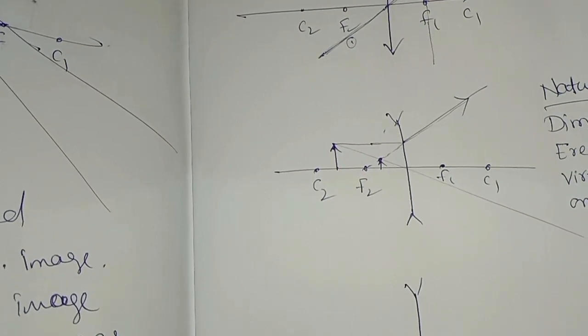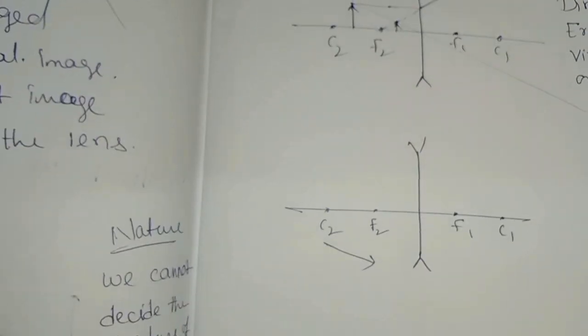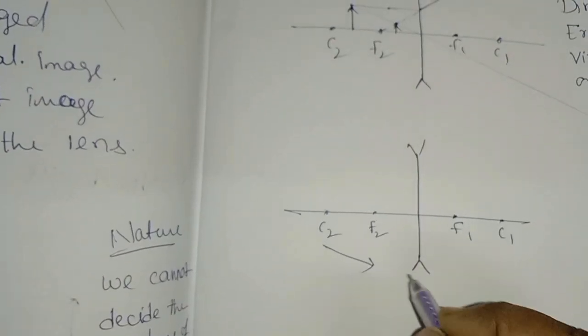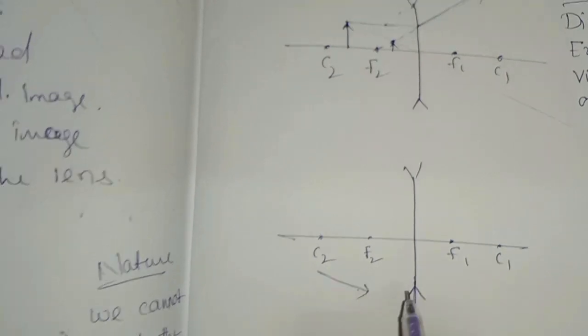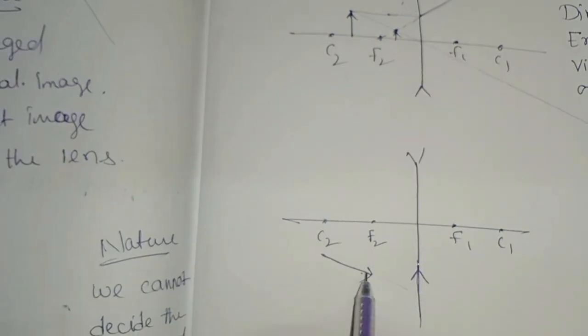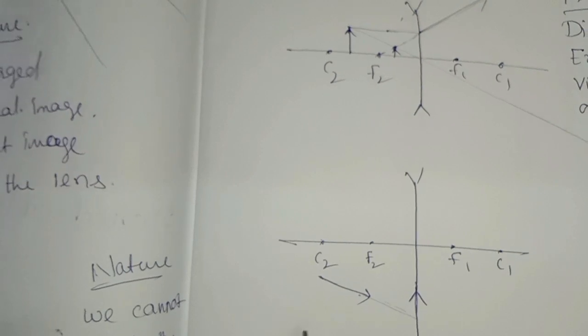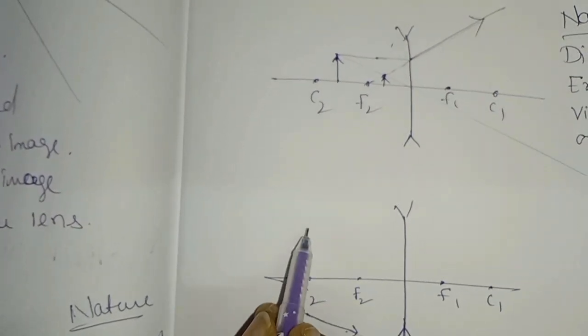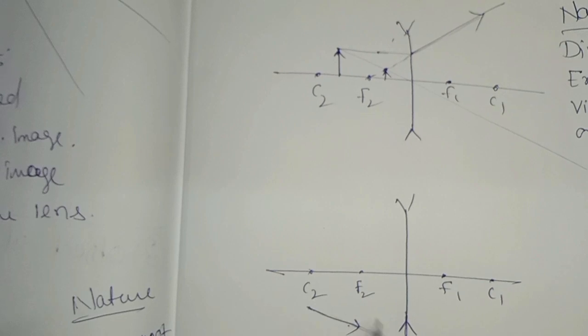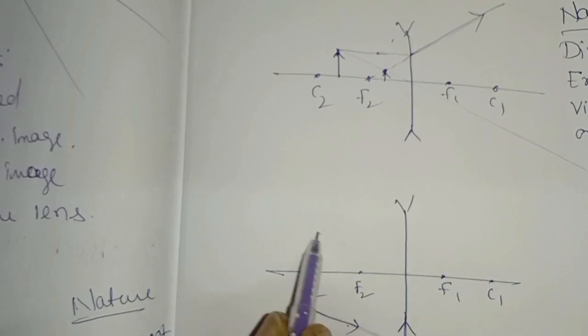We have to draw a ray diagram for this biconcave lens. First I am extending my ray to where it is hitting the lens. So the light ray will go in this way, right? This is not parallel to the principal axis. I am changing the principal axis to be parallel to this line. These two are parallel, right?